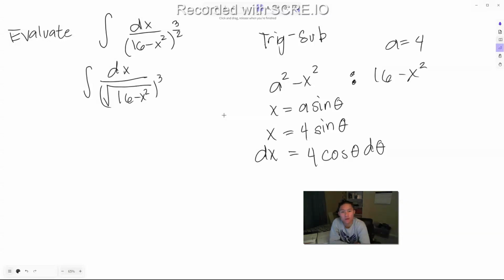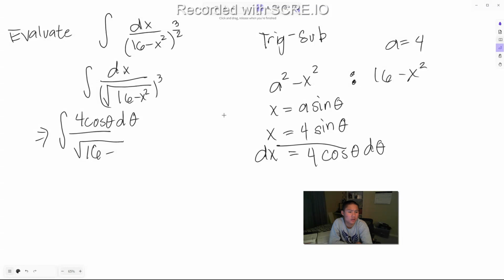Okay. Now that we have both of those, we can plug it in. That'll be equal to the integral of dx over, where dx is equal to 4 cosine theta d theta, and this will be equal to 16 minus x squared.